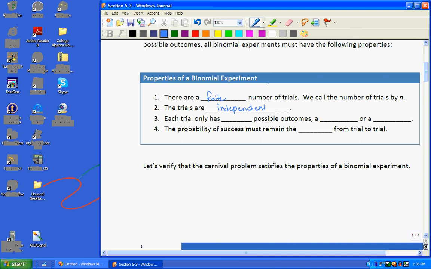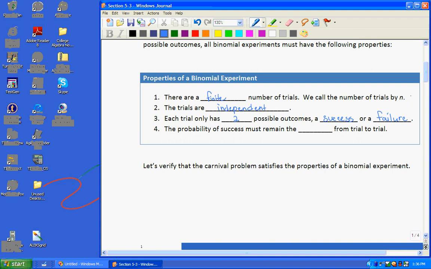Number 3, each trial has only 2 possible outcomes: a success or a failure. And depending on the context of the problem, that could be yes or no, or some other two possible outcomes, but we boil it down to success or failure.